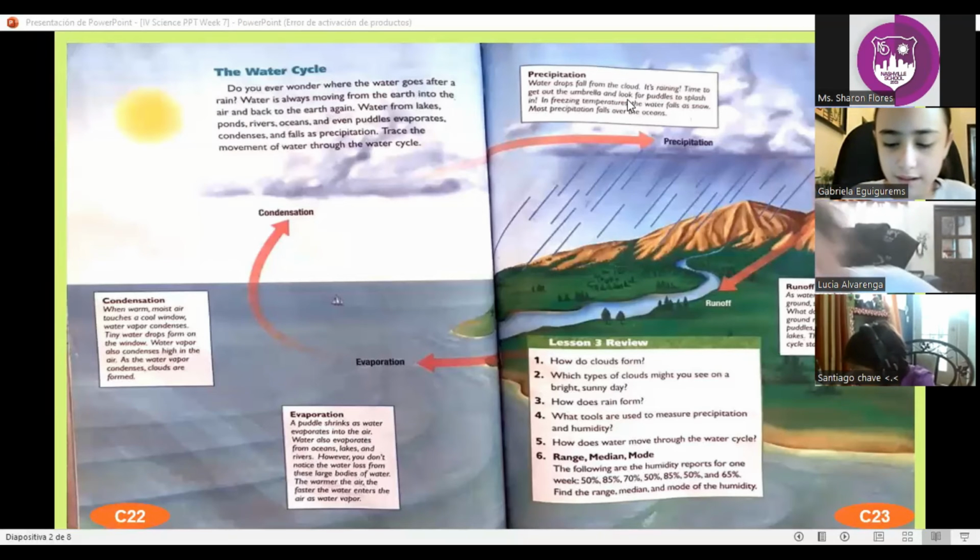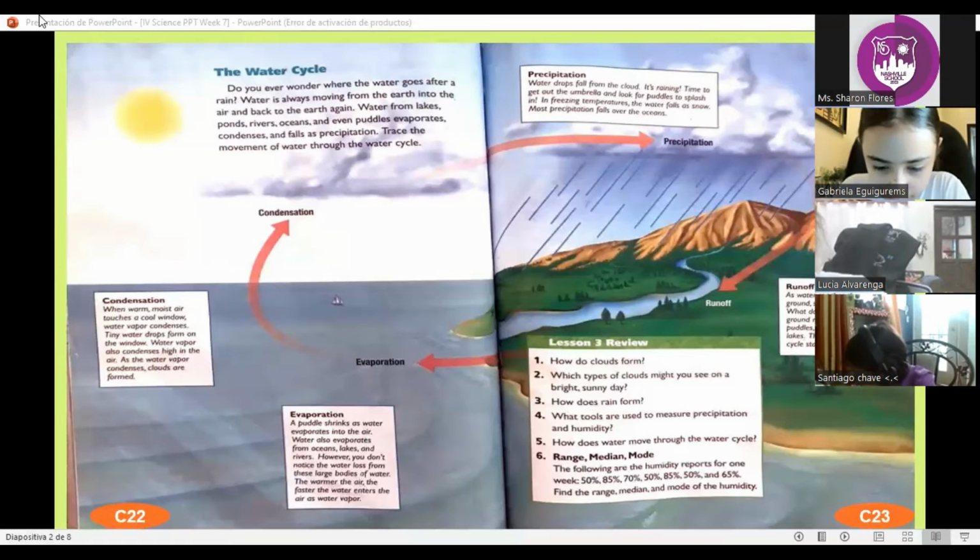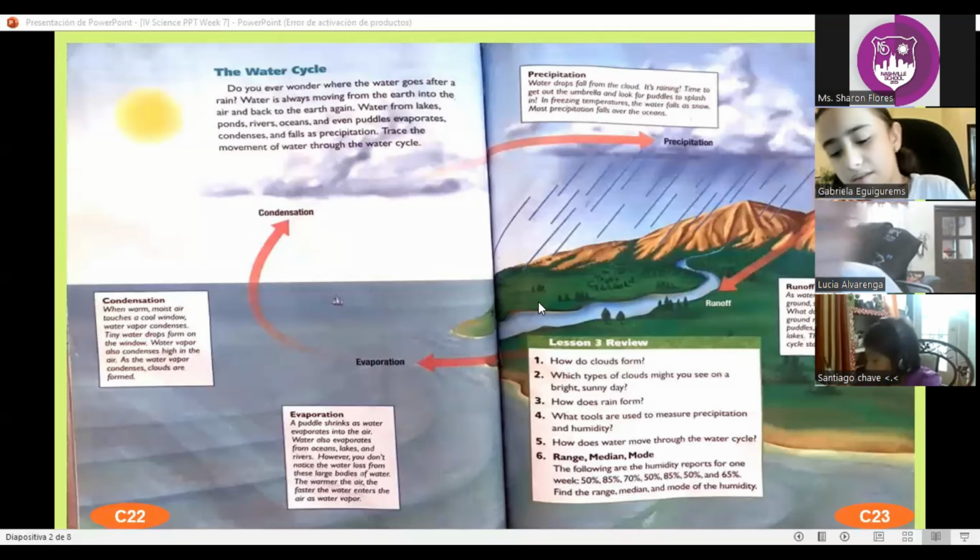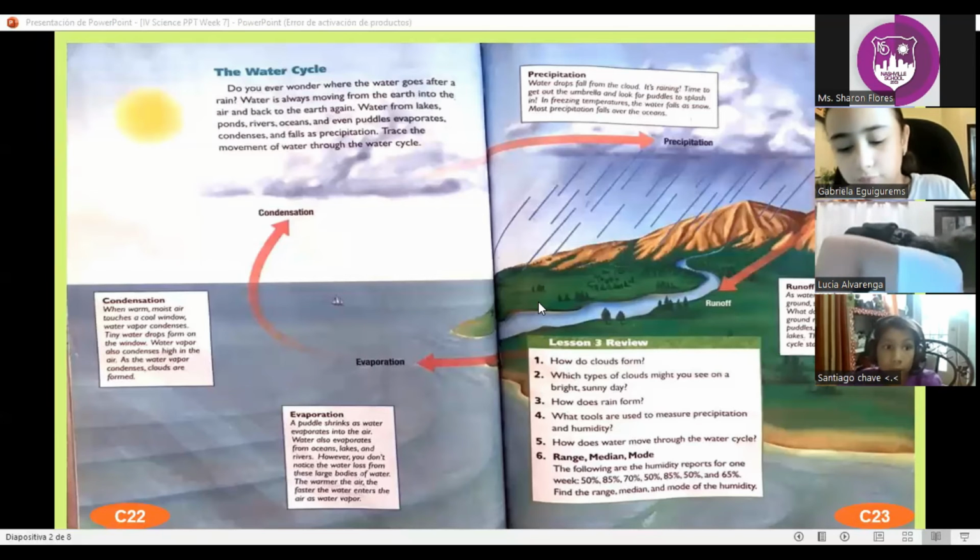Water also evaporates from oceans, lakes, and rivers. However, you don't notice the water lost from these large bodies of water. The warmer the air, the faster the water enters the air as water vapor. Okay, thank you. So that is evaporation.